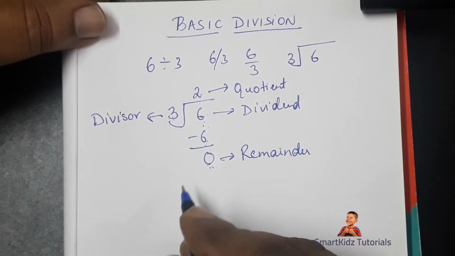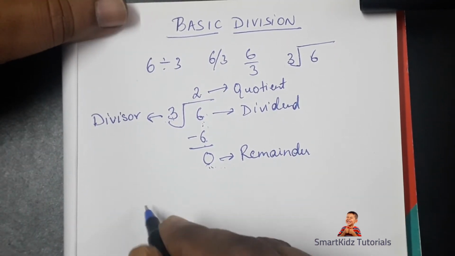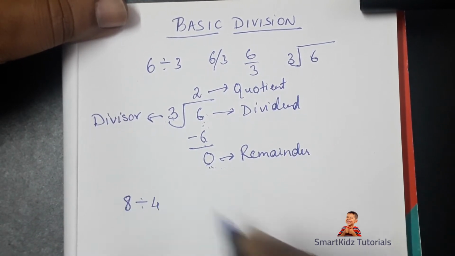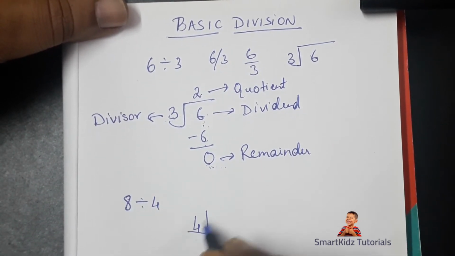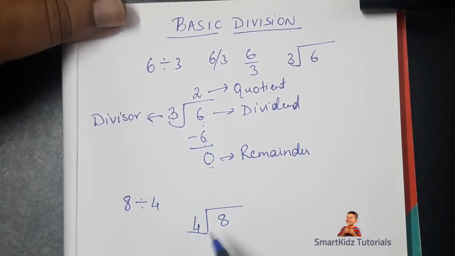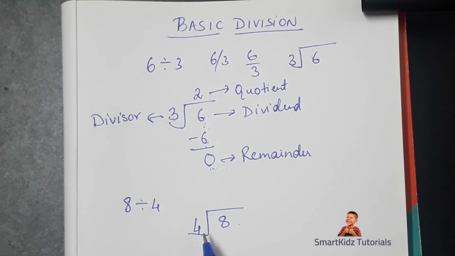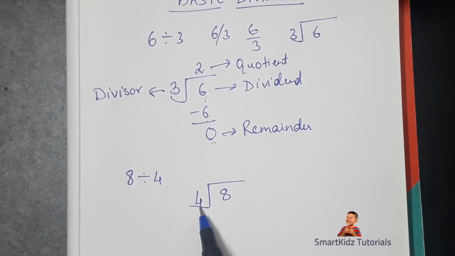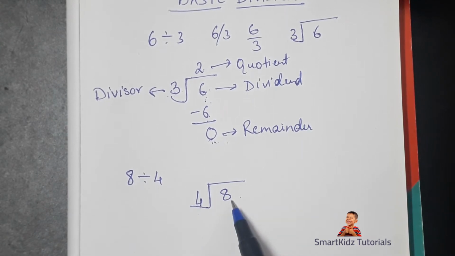Let's take another example to understand division. For example, let's divide 8 by 4. That is 4 over here in the divisor, and 8 will be your dividend. Now when we divide, we look at what is the digit in the divisor place, sorry, and what is the number in the dividend, and how many digits are there in the dividend place.